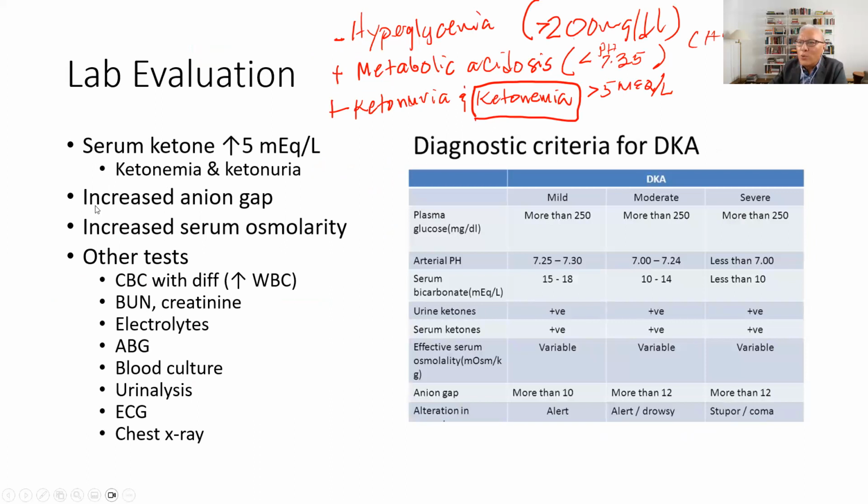Okay, so over here, the lab evaluation says that the anion gap is going to be increased. So if you could see at the bottom, right over here, the more severe the acidosis is, it's going to be more than 12.